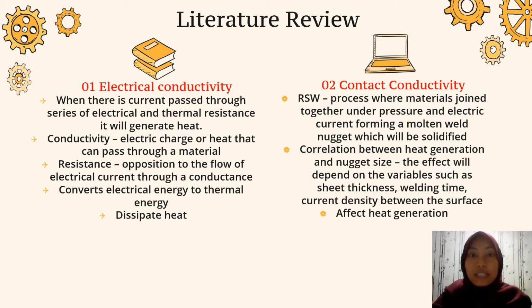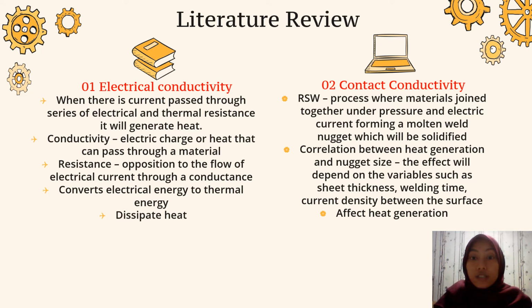So the first literature review is on electrical conductivity. When a current passes through a series of electrical or thermal resistances, it will generate heat. The heat transfer coefficient at the workpiece or the electrode has an extremely significant influence on the nugget formation. So what is meant by conductivity?